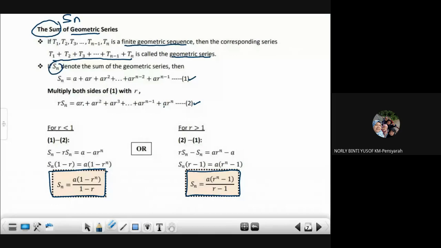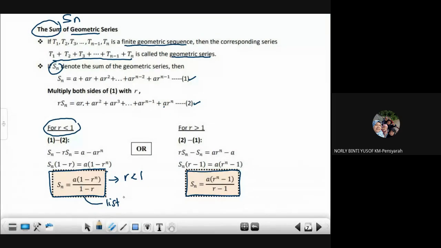Cuma kita ada dua, dalam formula pun sama. Inilah syarat dia. Kalau R dia lebih kecil daripada 1, ni untuk R lebih kecil daripada 1. Dia kecil 1 kat depan, 1 tolak Rn, 1 tolak R. Tapi you tak perlu hafal sebab list ni ada.